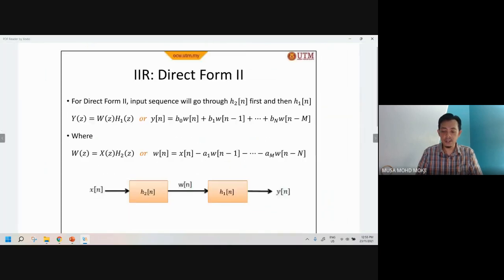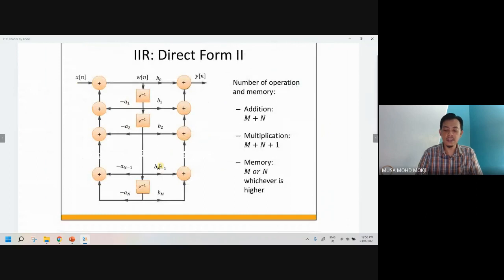So what does it do in a direct form 2? This z minus 1. Now the plus is at this section. Now the memory is actually reduced.